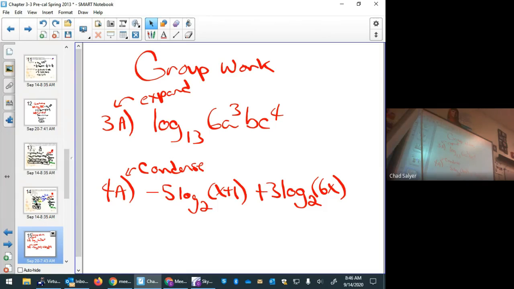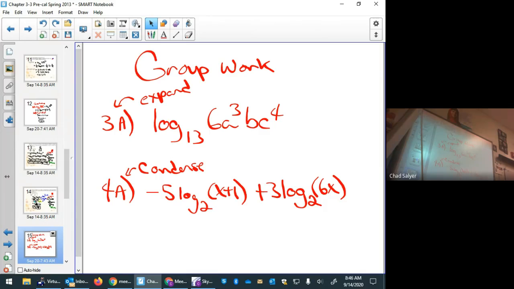You're skipping a step, so be careful with that. That would be the logical next step. And then you would combine them using the product property. So what you're going to wind up with is 6x quantity cubed over that, which is 216.